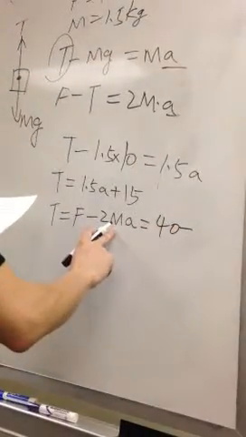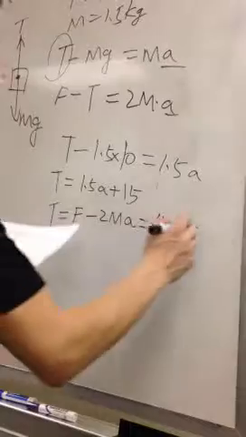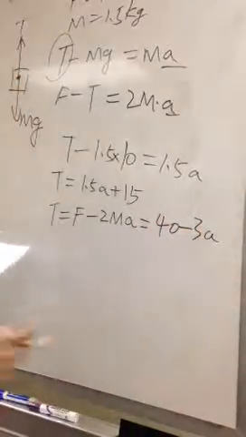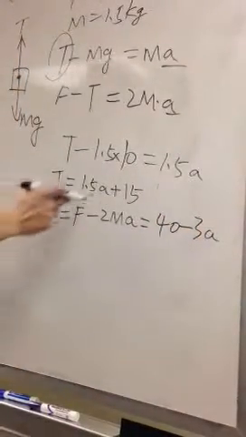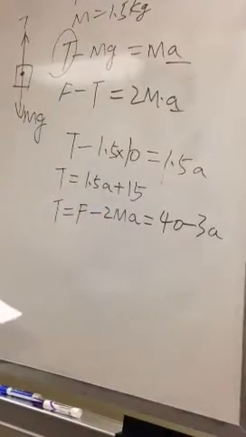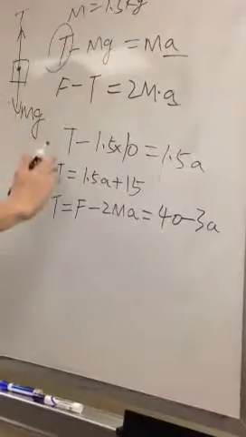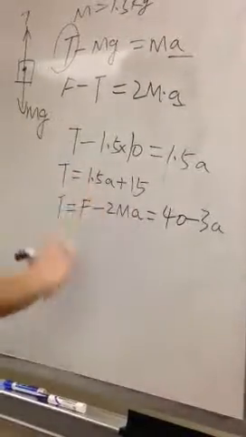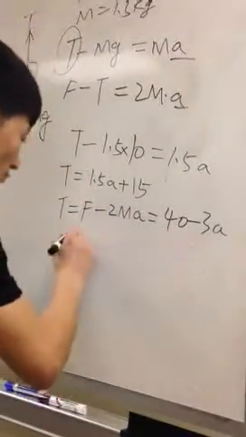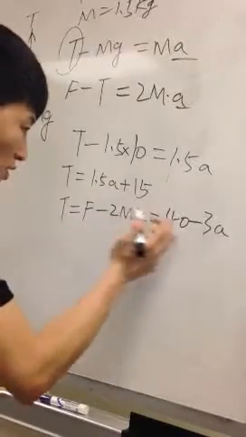M is 1.5, so 2m is 3. So we got these two. And you can solve those equations. One way is solve the A first.